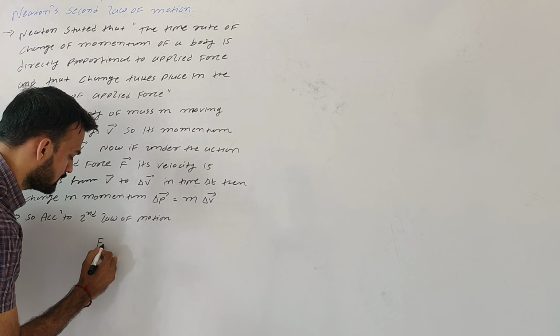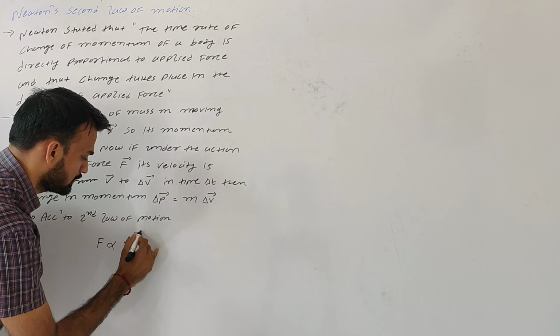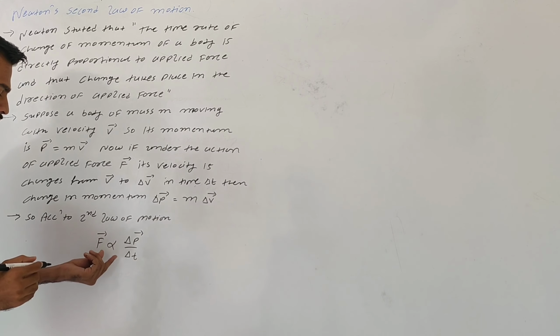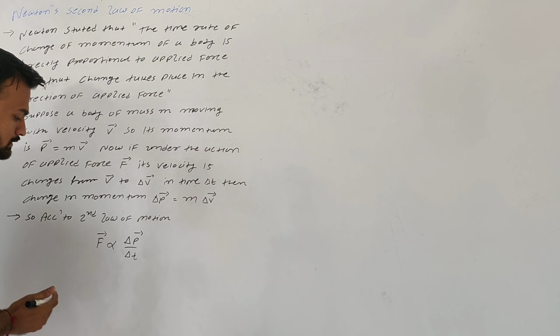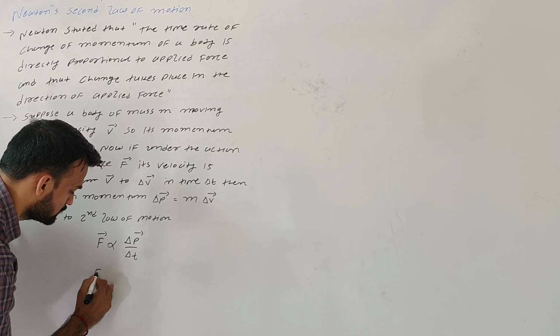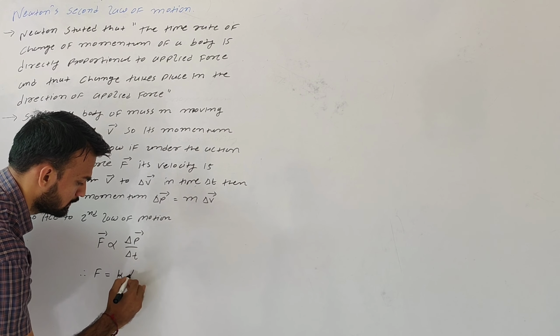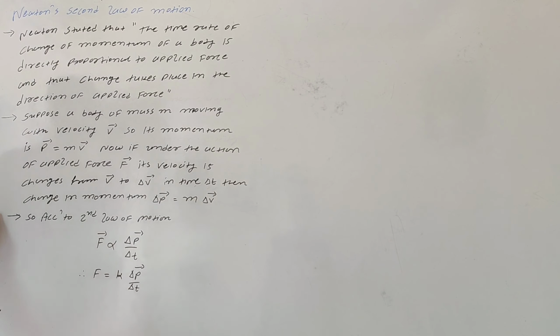So here I can say F is directly proportional to delta P by delta T. Now let's remove this proportionality. So here we have to put a proportionality constant. So here I can say F is equal to K delta P by delta T.